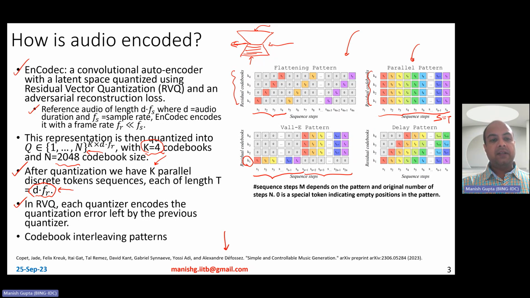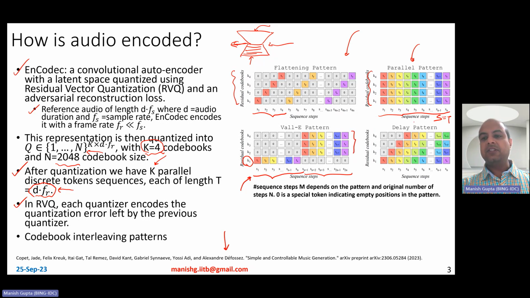Remember in RVQ, the first code is the most important. The others just encode the residuals which were not captured by the first one, so the largest values are typically for the first one. It gives very high importance to the first code for each of those time steps, and then the later codes are encoded in parallel.